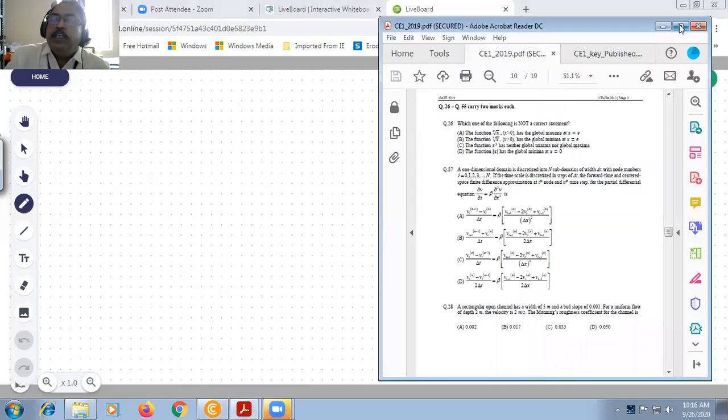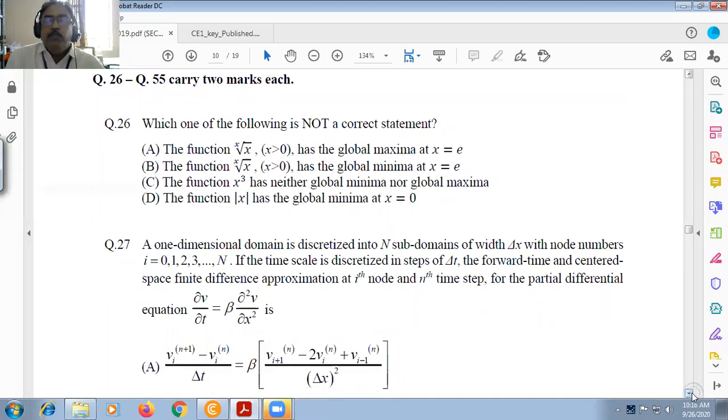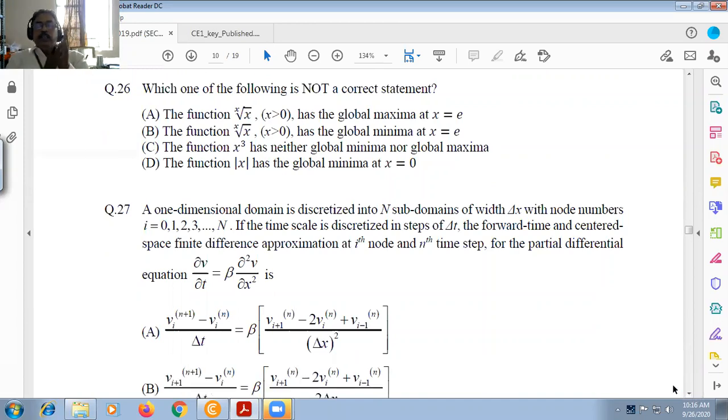You write the answer. So one-dimensional domain is discretized into n subdomains of width delta x and node numbers i is equal to 0, 1, 2, 3, n. If the time scale is discretized with delta t, the forward time, central space, finite difference approximation at the ith node. Don't get confused with all these names, discretize, subdomain, time scale, and so on.